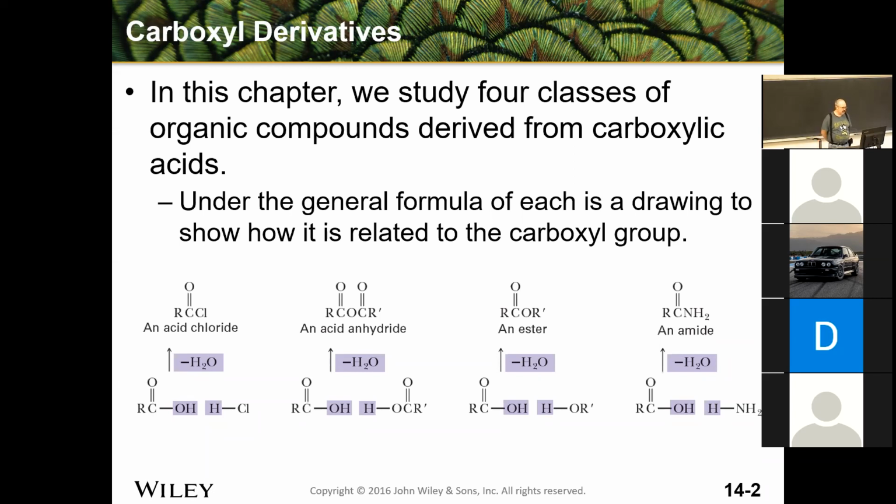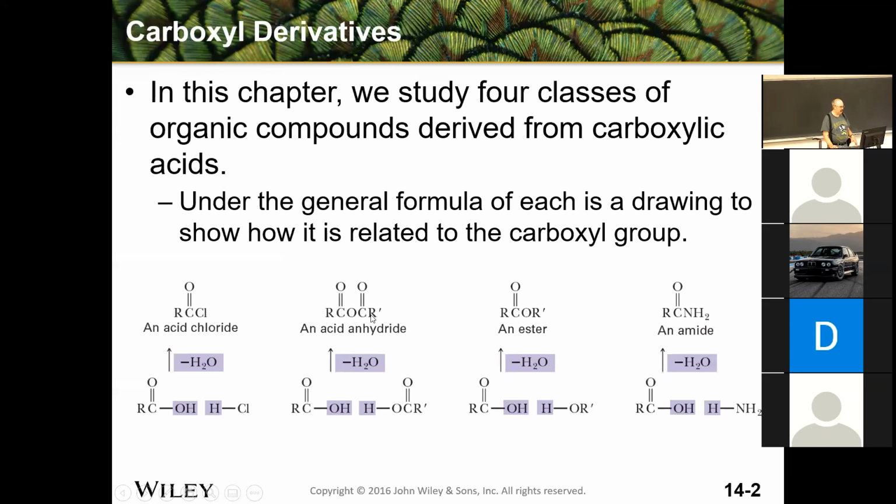Okay, these are the general formulas for these four functional groups. On the left we have acid chlorides, also called acyl chlorides. Next we have anhydrides. Anhydrides are often mistaken for ketones or esters, but they're neither one.